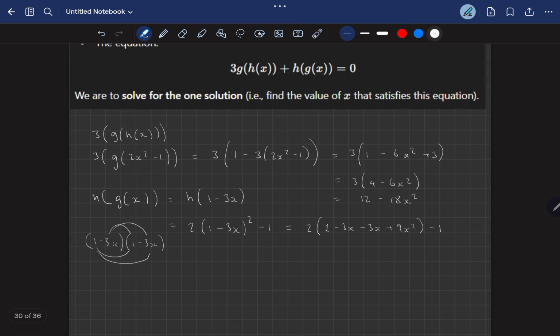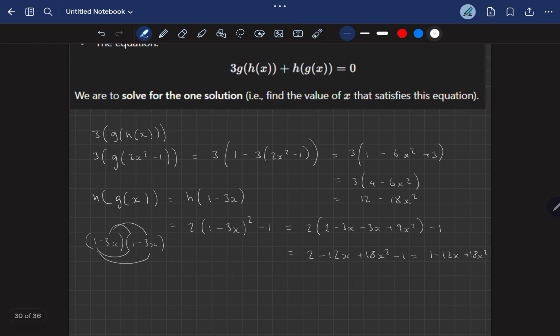Now we have to simplify this. This is equal to, we do 2, this is totally minus 6x, times 2 is minus 12x, plus 9x squared times 2 is plus 18x squared, minus 1, which is equal to 1 minus 12x plus 18x squared.